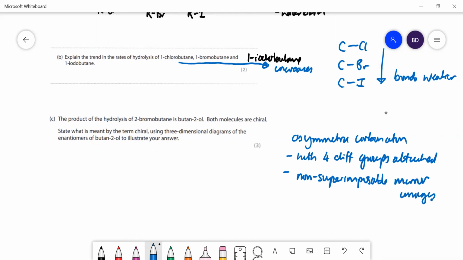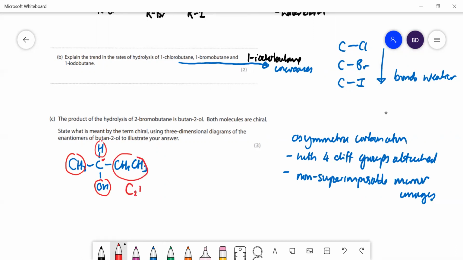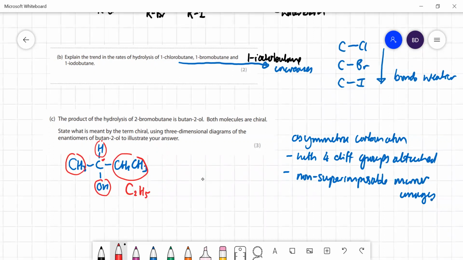Right, so use a 3-dimensional diagram to butanediol. So here's butanediol, not in a 3-dimensional diagram, but just to show why it is chiral. So this is a chiral carbon because you've got a methyl group, an OH group, an H group, and an ethyl group. In my diagram, I'm going to write that down as C2H5. So let's draw a 3-dimensional diagram.